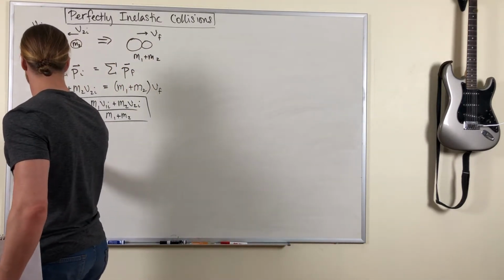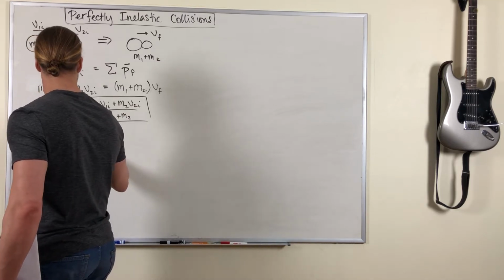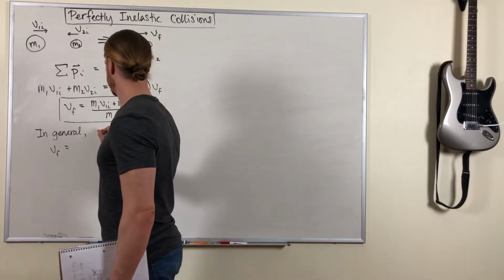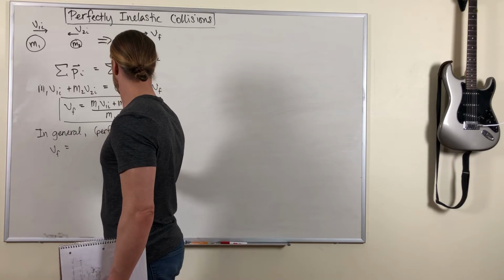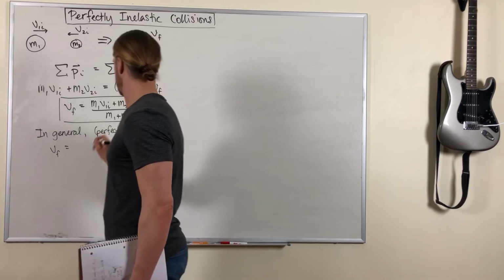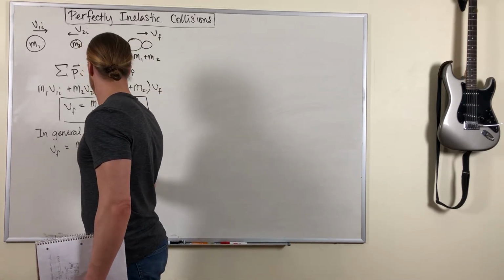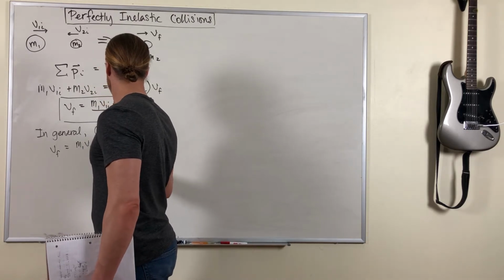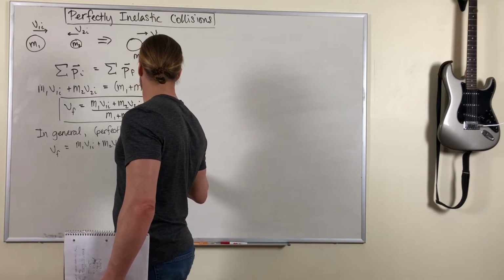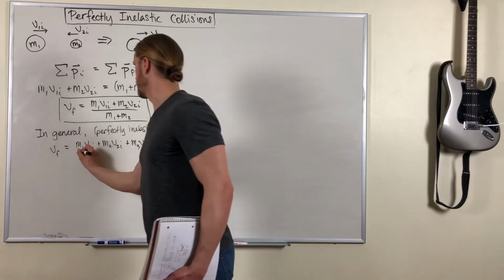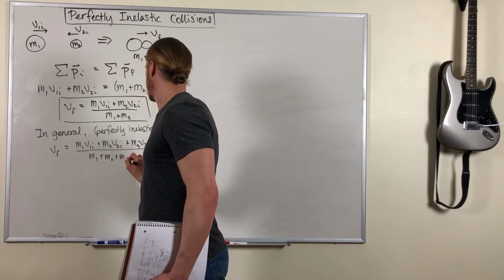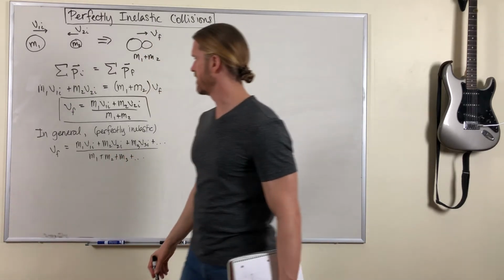In general, for a perfectly inelastic collision, v final would be m1 v1 initial plus m2 v2 initial plus m3 v3 initial, and so on, divided by m1 plus m2 plus m3 and so on.